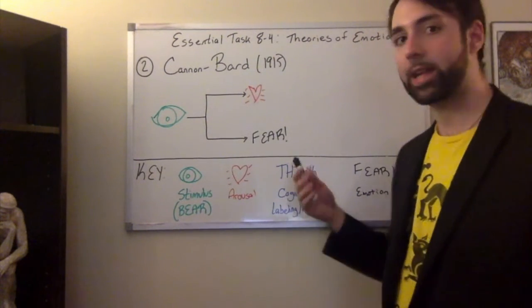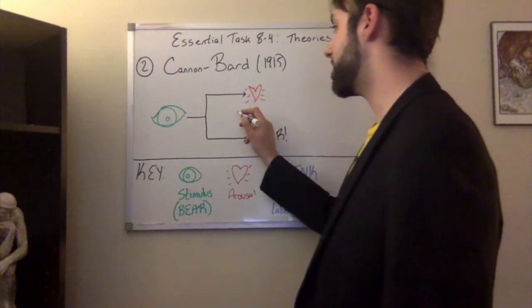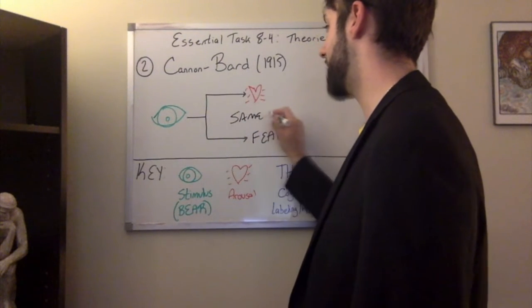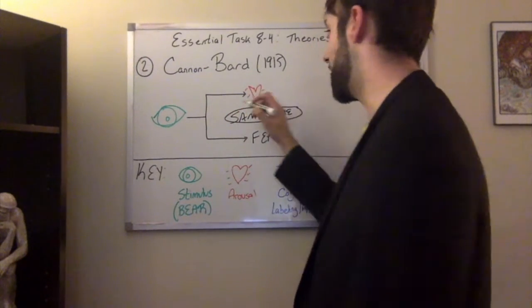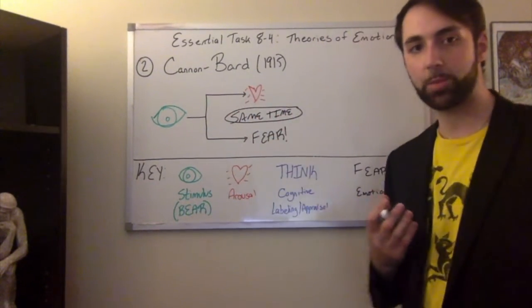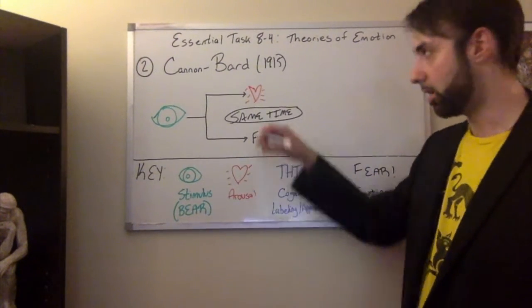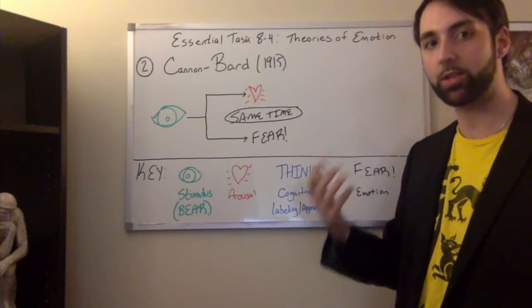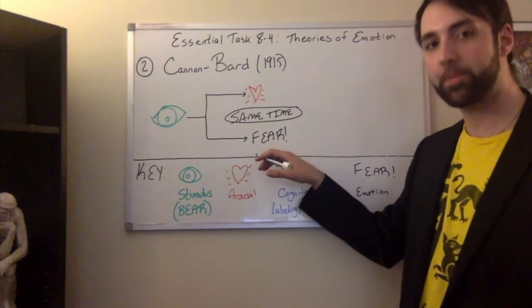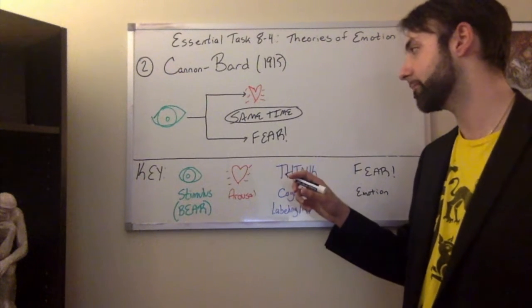What the Cannon-Bard theory argued is that the presence of a bear triggers 2 things at the exact same time. There is no delay between what your body is experiencing and the corresponding emotion. Which means you could encounter a bear, your heart rate would increase, you would start to sweat, you would experience all of those physiological indicators, but you would also be experiencing fear simultaneously. That's the key word, simultaneously.